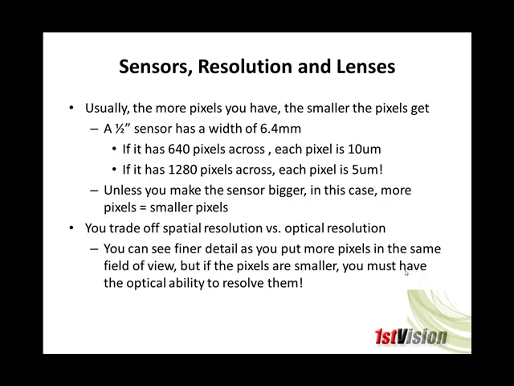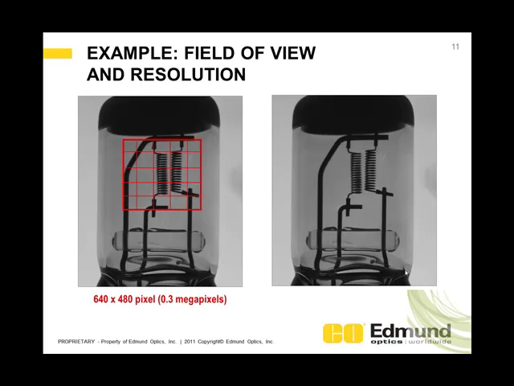Now what you could do is trade off spatial resolution versus optical resolution. You could see finer details as you put more pixels in the same field of view, but if the pixels are smaller, you must have the optical ability from the lens to resolve them. So here's a picture of this graphically. We could see the same size sensor, and we're going to say that this has 640 pixels across on the left, and on the right it's going to have 1600 pixels across.